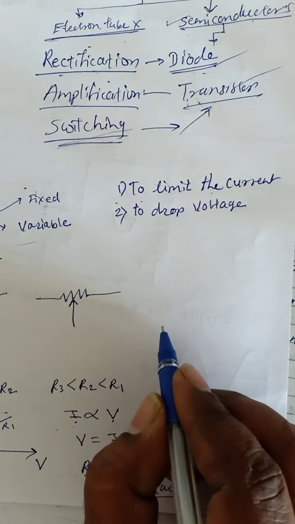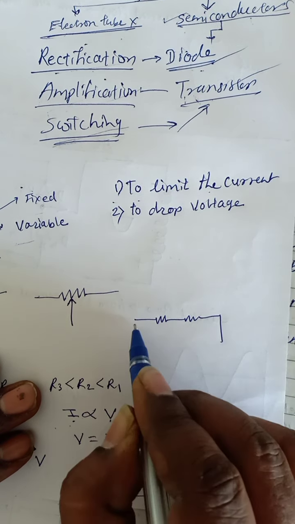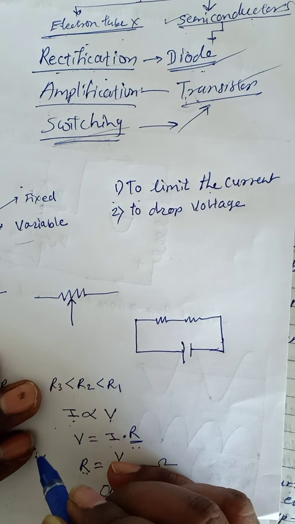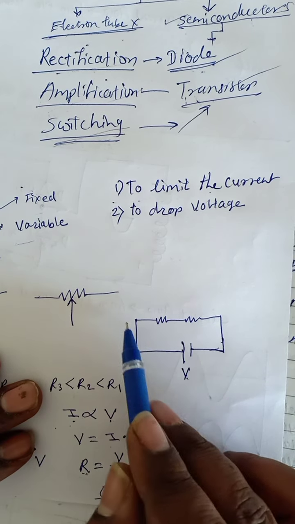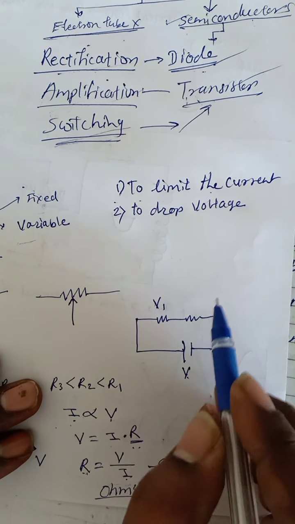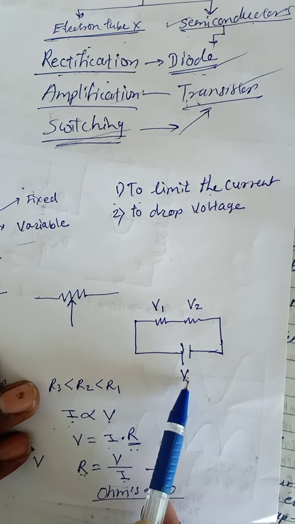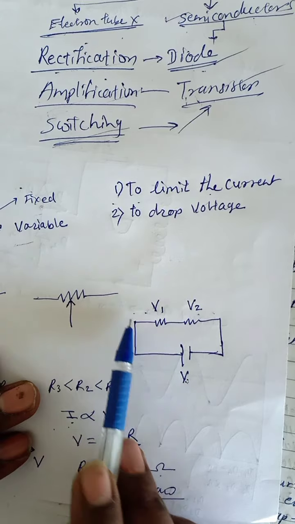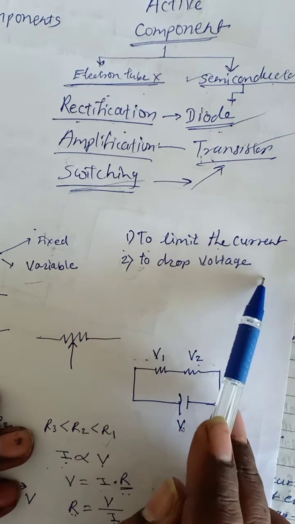If two resistors are connected and some voltage is applied, then the total voltage is applied across these two resistors, and some voltage is dropped across R1 and some voltage is dropped across R2. That means this total voltage is divided in two parts, V1 and V2. So it is divided in two parts. So we can say that it is nothing but to drop a voltage.